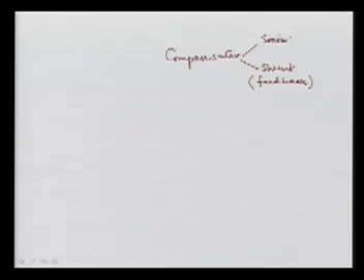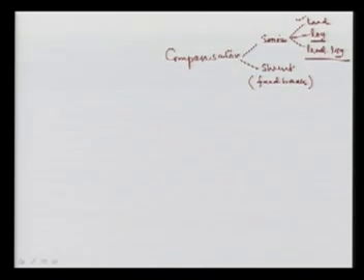In series we have different types: lead compensator, lag compensator, and lead-lag compensator. The lead compensator is used to improve the stability of the system. The lag compensator is used to reduce the steady state error, and if you use lead-lag, it will improve both your static error as well as the stability of the system.